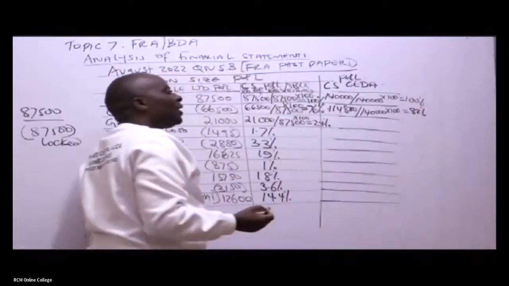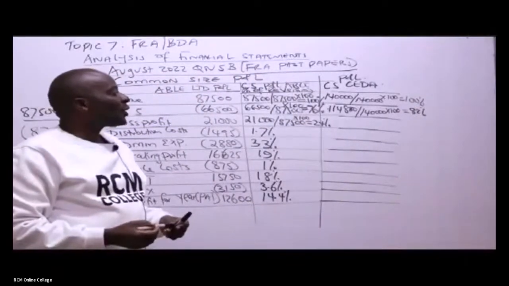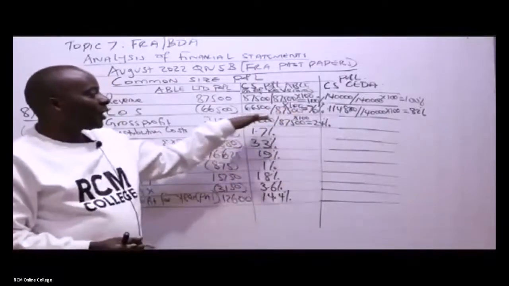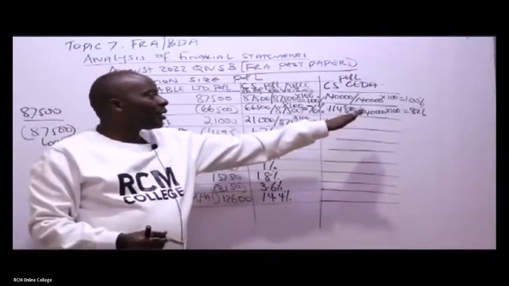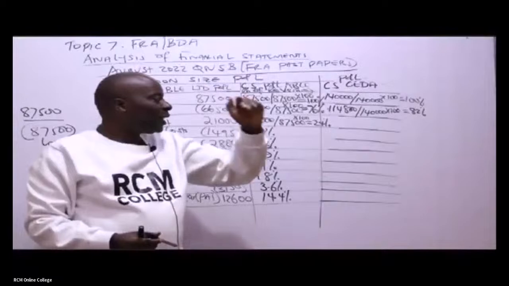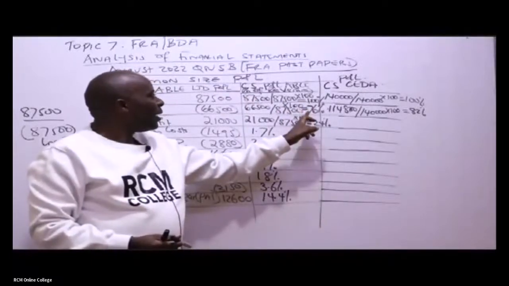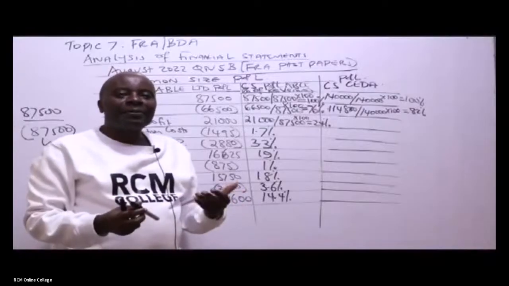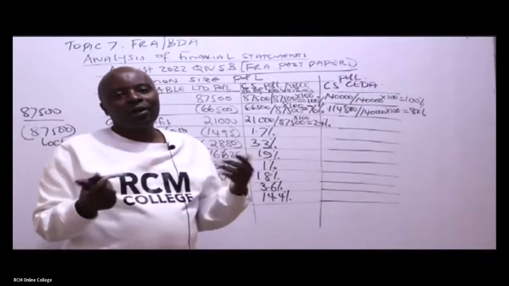Now you can see in this case here, in terms of the cost of sales, using the common size, I can see that the cost of sales for CEDA is higher. It's at 82%, and therefore ABO, it's at 76%. So I need to ask myself, how comes CEDA has a higher cost of sales?